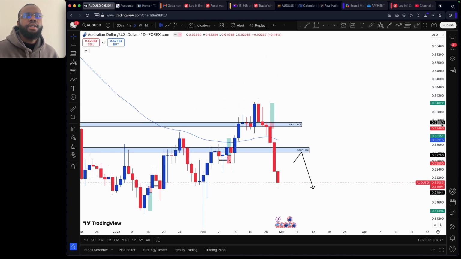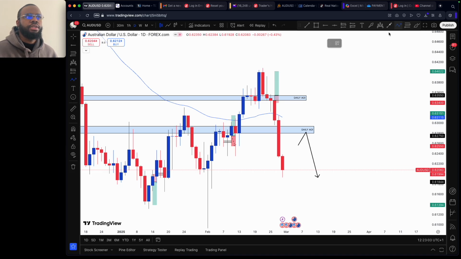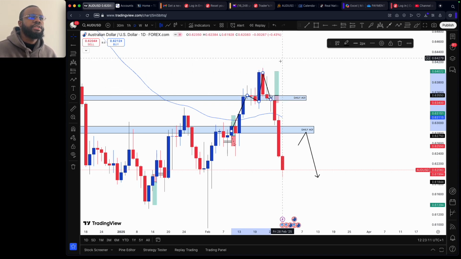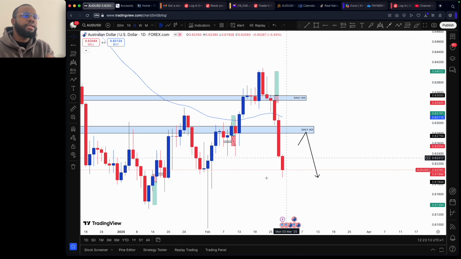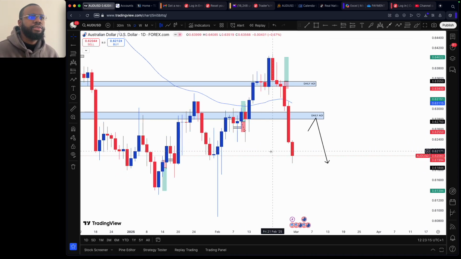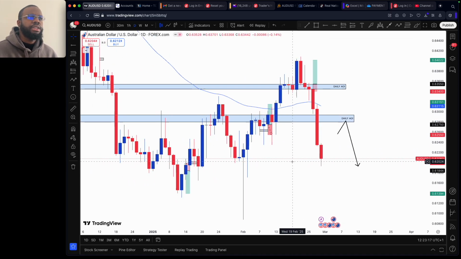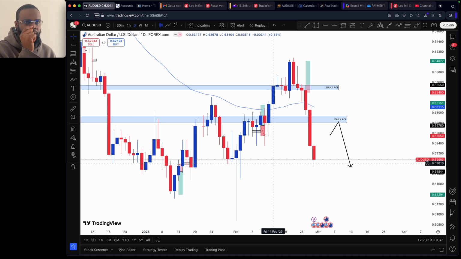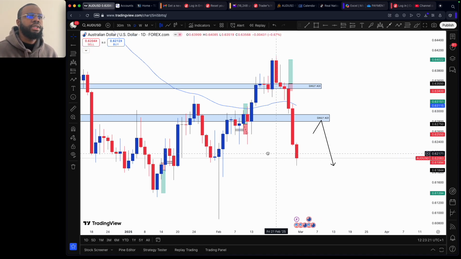As you can see, I was expecting to get a pullback over here to go long, but price declined and fell to the downside. So what I'll be expecting is very simple on AUD USD. No need to complicate things.